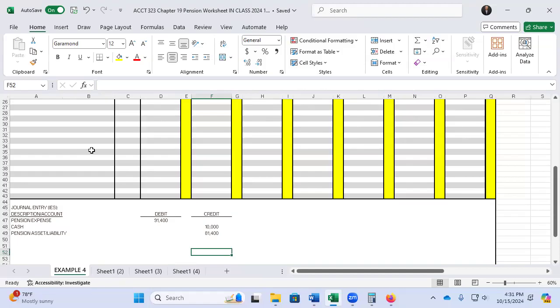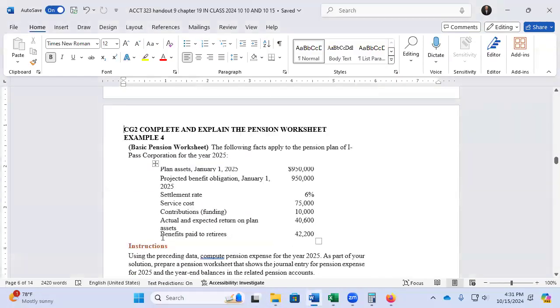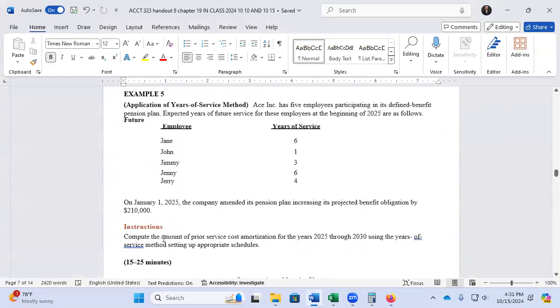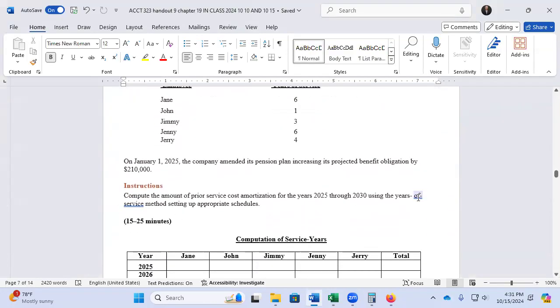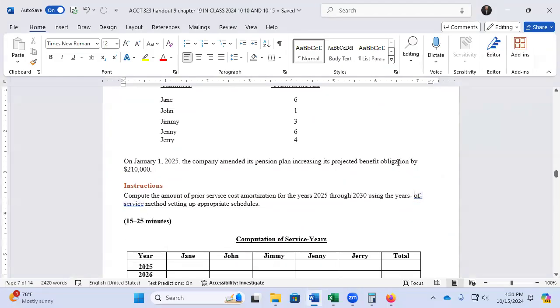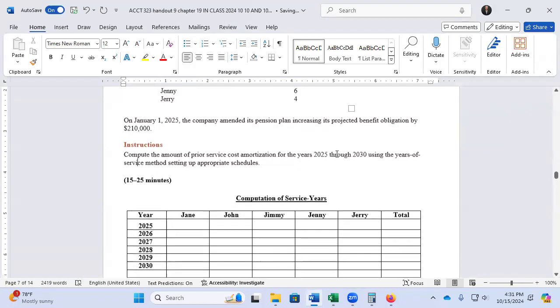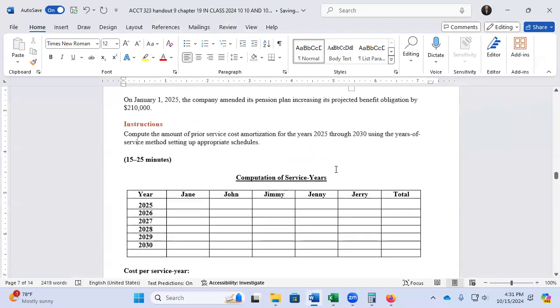All right, let's take a look at example number 5. Okay, so we're starting with this, and you don't always have to draw out this chart, but just to illustrate it.